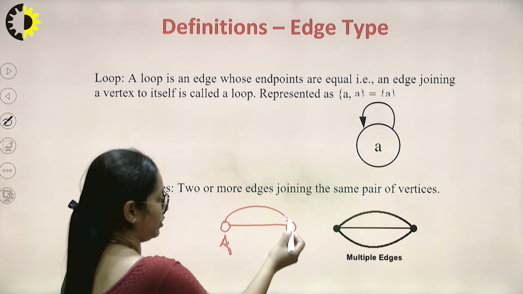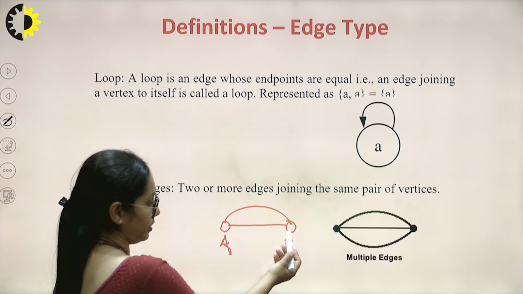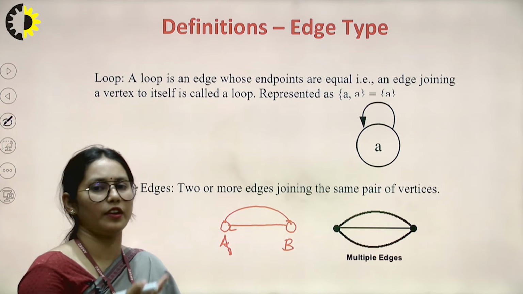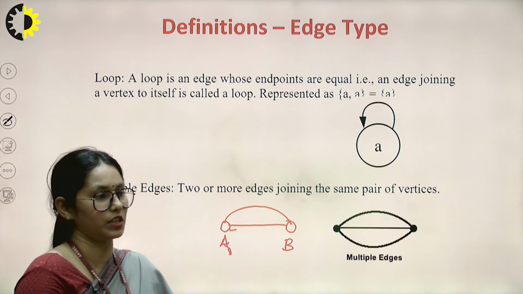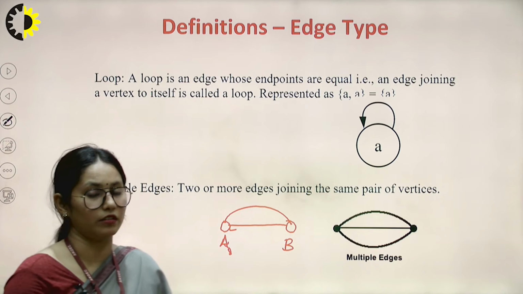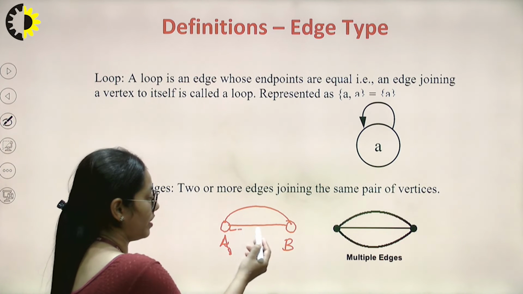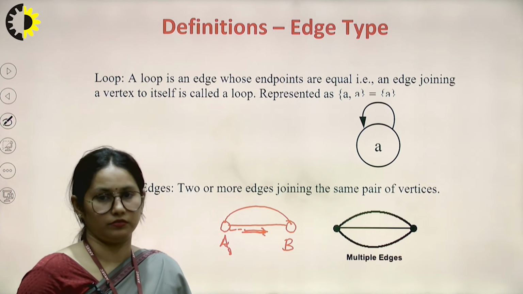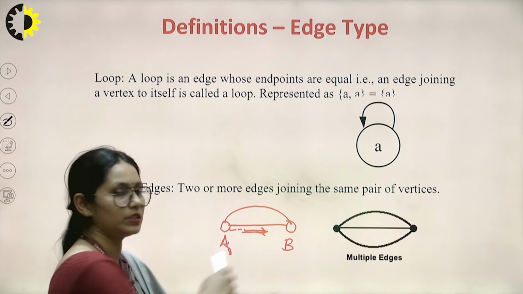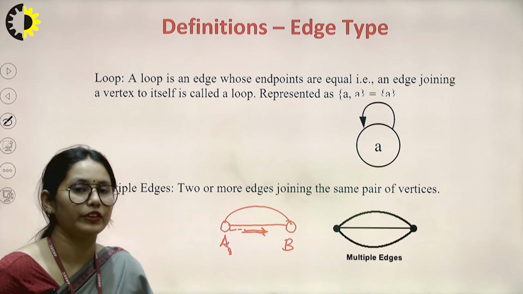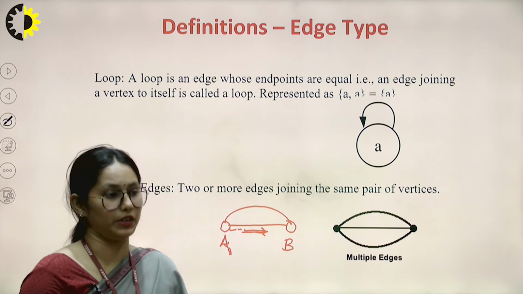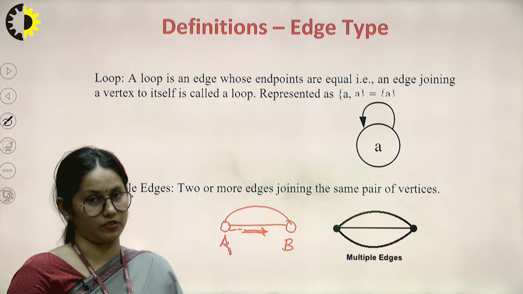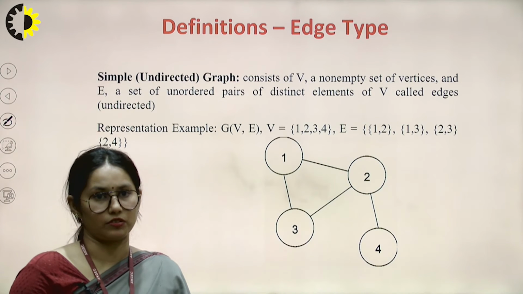There is a path from A to B in this direction, and there is another path from A to B which is a curved path, with a distance more than the previous path. But there is a path existing between these two points. So multiple edges means joining two vertices with more than one edge. That is your multiple edges.